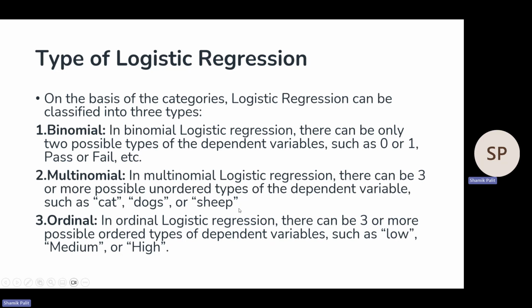At the same point of time, it can be ordinal, for example, with three possibilities like low, medium, or high. If you consider an examination grading system, where various grades are awarded to students, we can make use of ordinal logistic regression there.